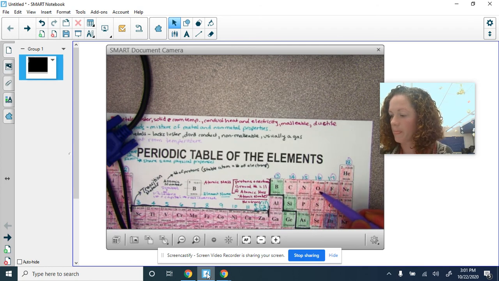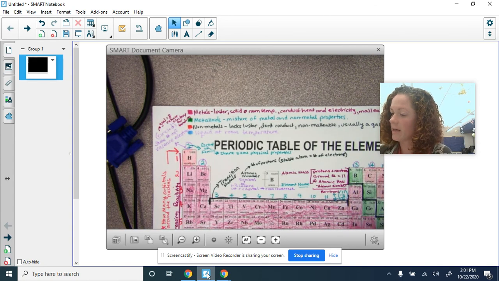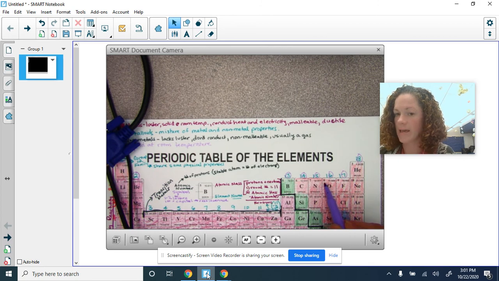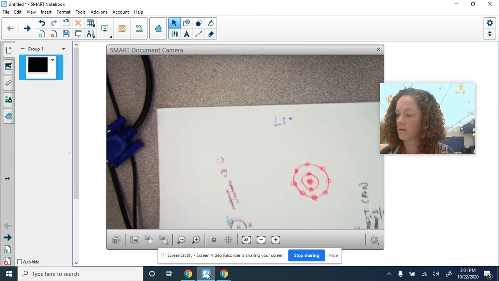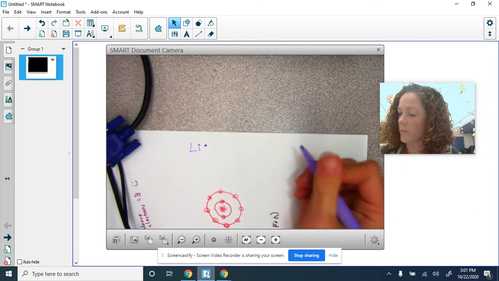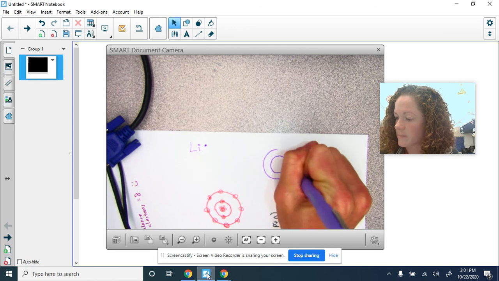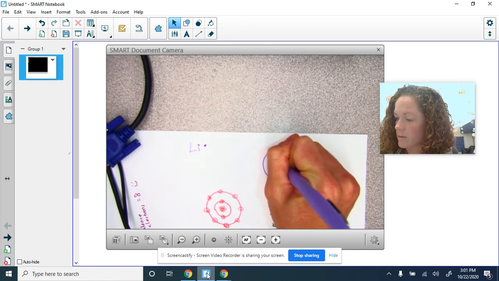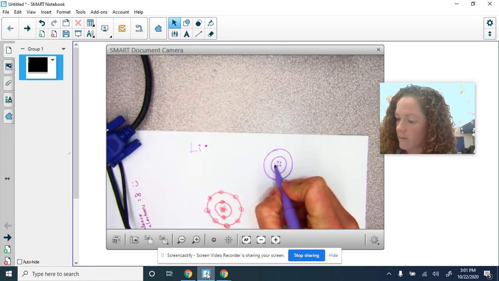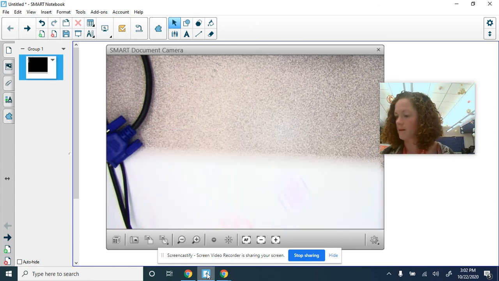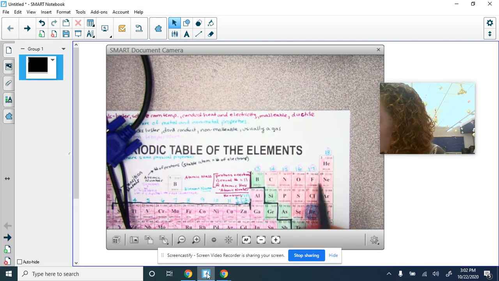oxygen, for example. Oxygen, I look up, has 6 valence electrons. I look over, it has 2 rings, and it would have a total of 8 protons and 8 electrons. Let's just look at oxygen both ways. So we have 2 rings for oxygen, and 1, 2, 3, 4, 5, 6, 7, 8 protons. I didn't look at the neutrons.